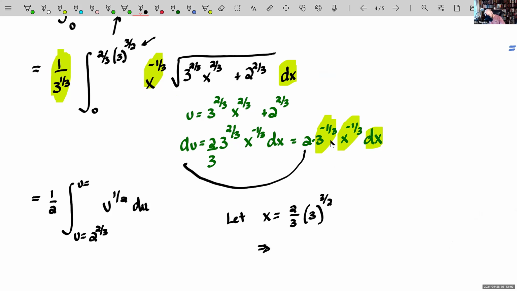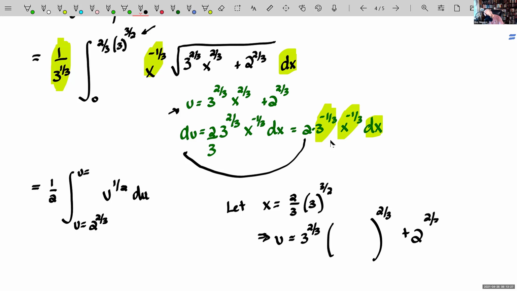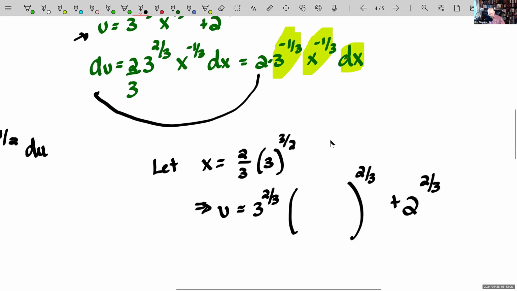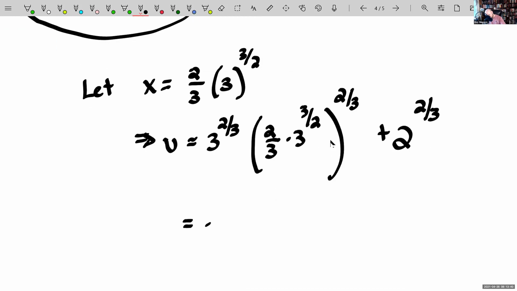That implies u is equal to, well, here's u right here. I'm plugging it in. We have 3 to the 2/3 power times x to the 2/3 power plus 2 to the 2/3 power. X is 2/3 times 3 to the 3/2. You can break that apart.